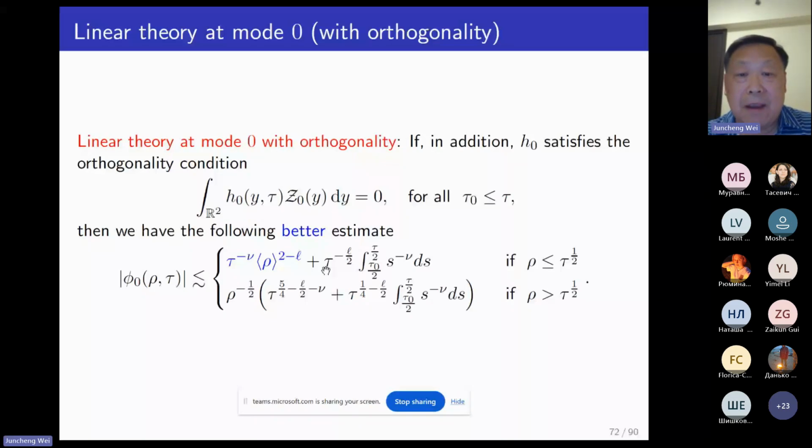So this is another method in dealing with the slow decay of the kernel in dimension 2. Right? So with this ansatz you get exactly what you expect.